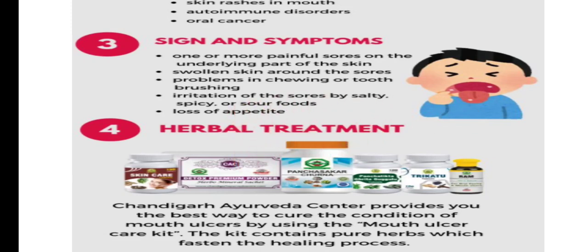As I have told you, we have difficulty in chewing, biting or eating. So when a person feels difficulty in biting or pain in eating, he avoids eating food, and that's why loss of appetite also takes place.